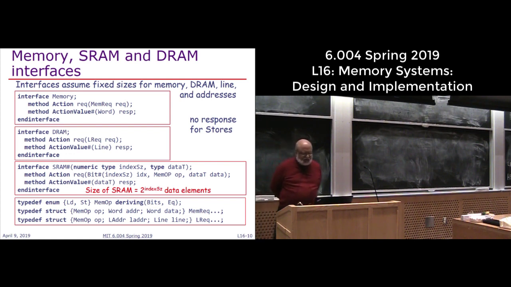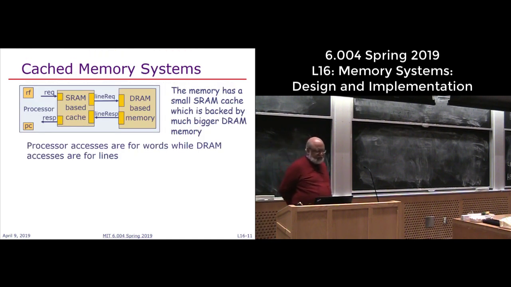So I'm specifically passing a parameter here. I'm saying, please make me an SRAM of a given size, and I will specify the size in terms of how many lines it can hold, how many things of that data type it can hold. That will be how the SRAM size is specified in the creation of SRAM.